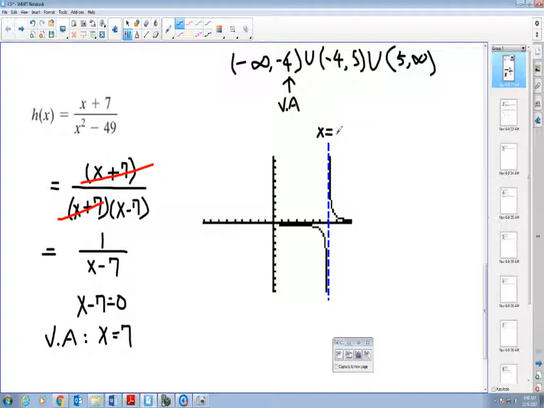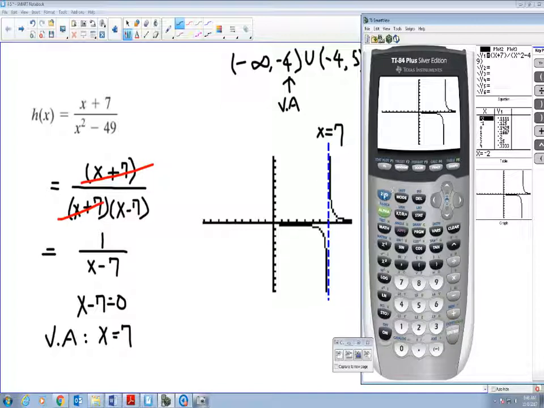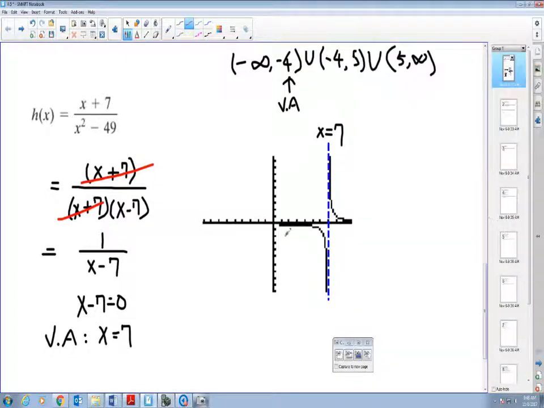But if you really think about the restriction on the domain, x actually cannot be positive 7, and x cannot be negative 7. So the factor that I canceled out, what is that? Well, if you look on the table, if I go to x equal to negative 7, it will still send an error. So as this line keeps on going to negative 7, there is actually a hole.